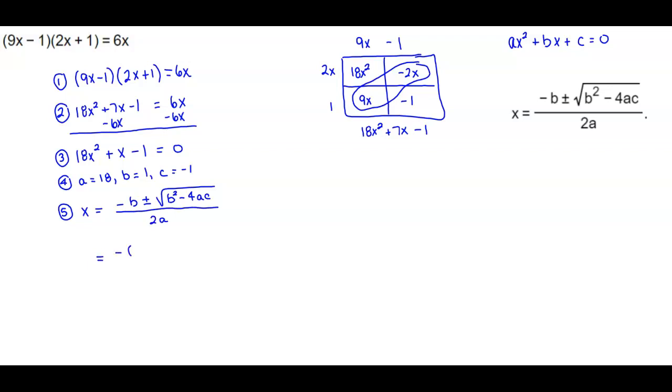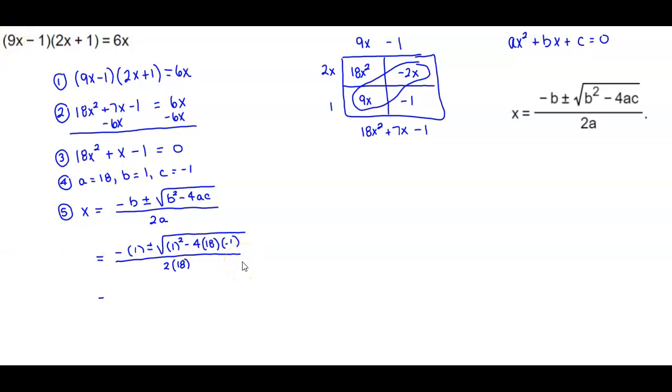So negative times b, which is 1, plus or minus the square root of b squared, which is 1 squared, minus 4 times a, which is 18, and times c, which is negative 1, all over 2 times a, which is 18.